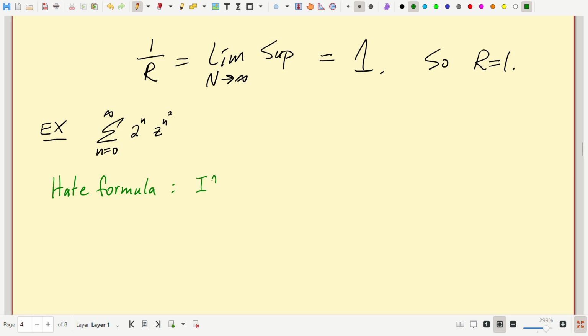If the limit as n goes to infinity of a_n over a_{n+1}, this is the upside down of the ratio test, if that limit exists, then it's equal to the radius of convergence.